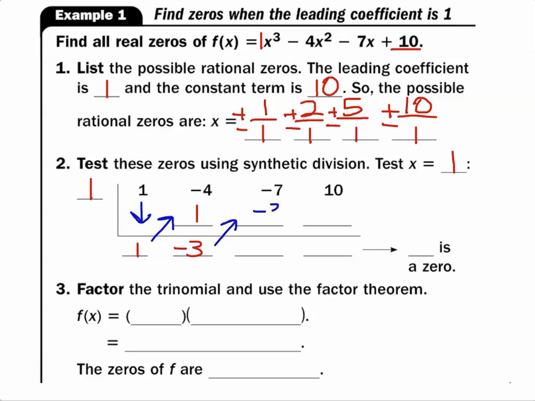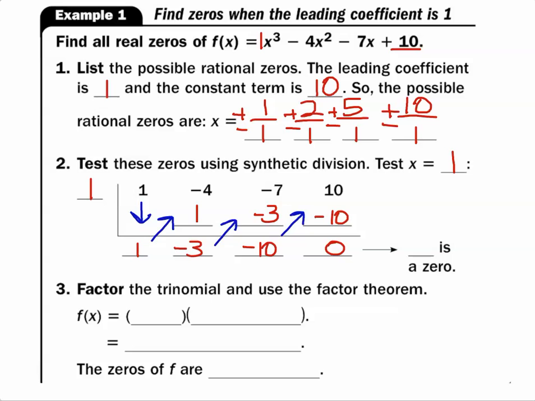Negative 3. Added together, negative 10. Goes up, multiplied by 1, negative 10. Added together, 0.